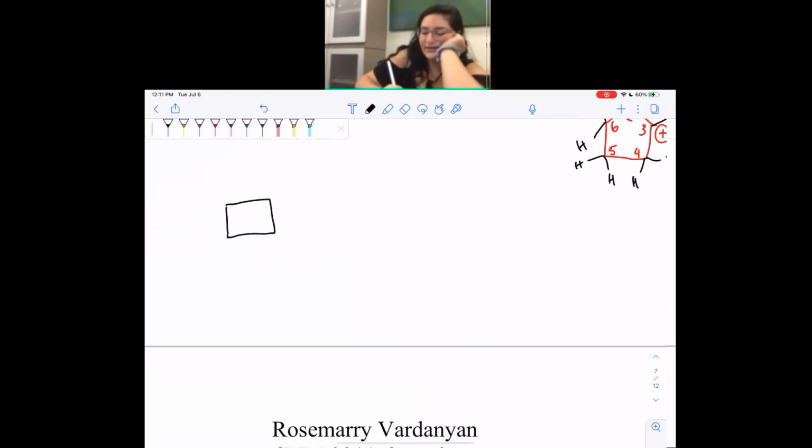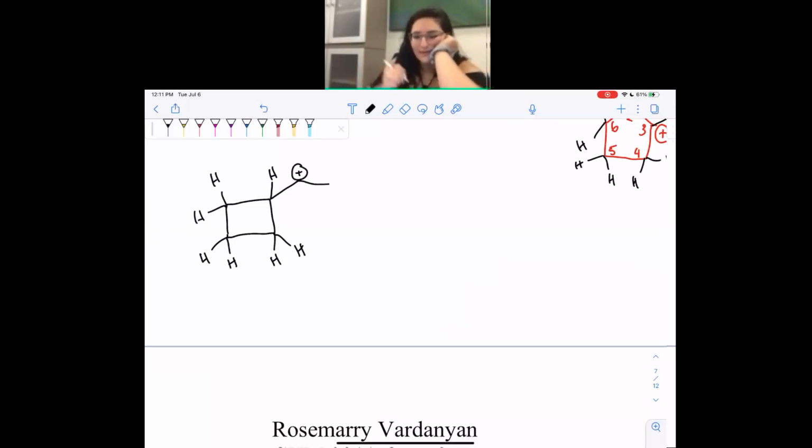If we have this molecule, right? We want to expand this and make a 5-membered ring.